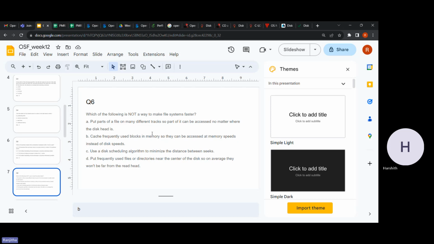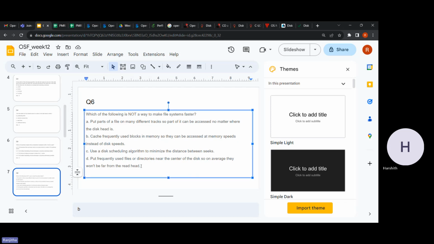Put frequently used files or directories near the center of the disk, so on average they won't be far from the read-write head. True. So the one that does not make it faster is putting parts of the file on different tracks. We actually try to put it on the same track sometimes so that parallel access is possible. So here option A is the answer.